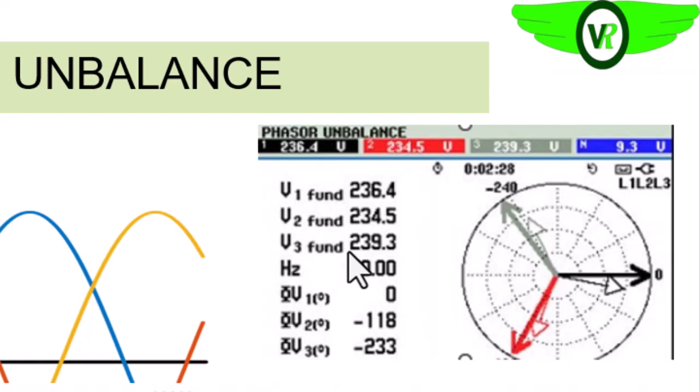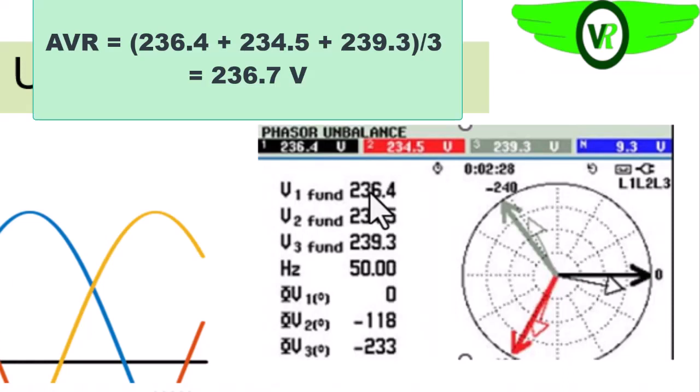The third is 239.3 volts. So we'll take the average of these, which means that we are going to add all of them together and divide by 3. When we do that, we will get an average of 236.7.